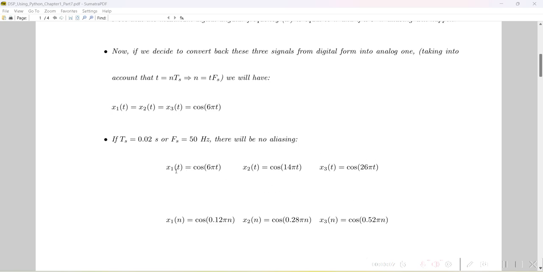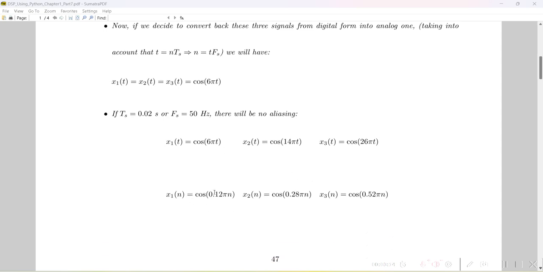So again, repeating the 3 signals in time domain and analog form will lead to digital counterparts which you are looking at. x1 of n will be cosine of 0.12 times pi times n, and the second one 0.28, and the third one 0.52.